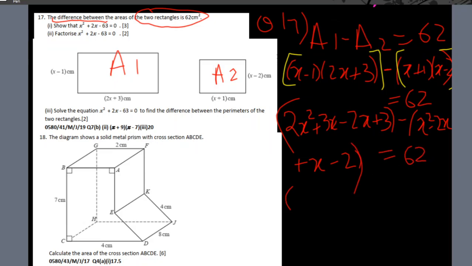So the first expression becomes 2x square plus x minus 3, bracket, minus x square minus x minus 2 equals 0.